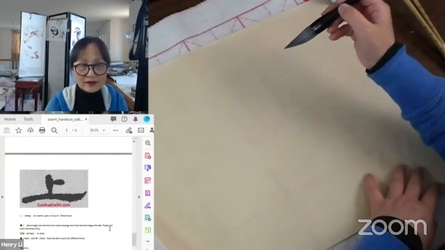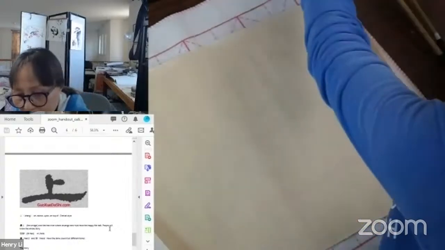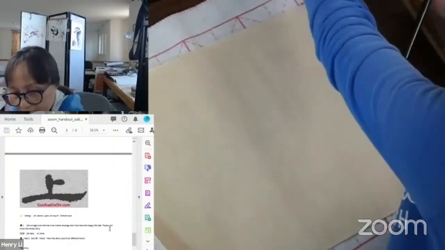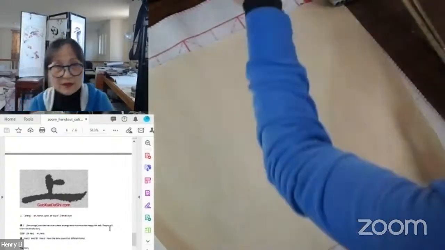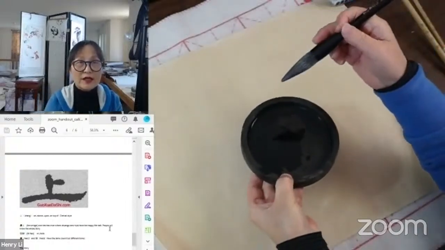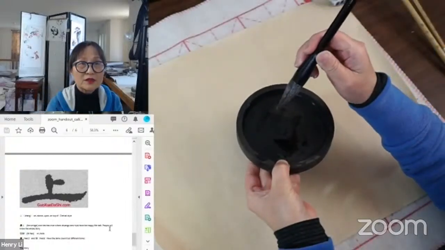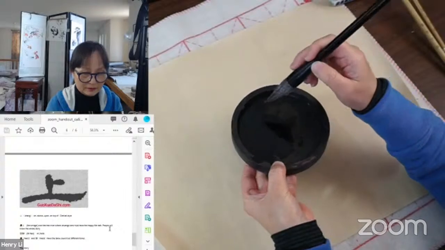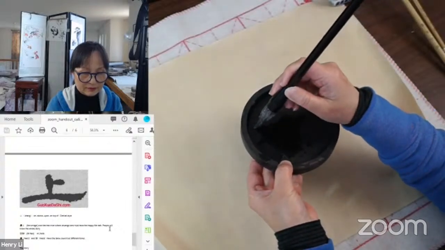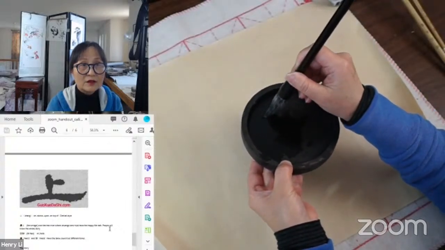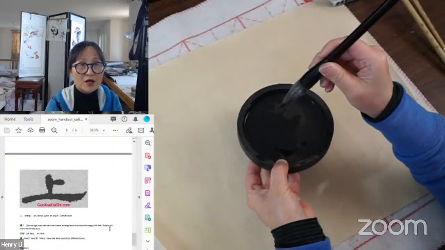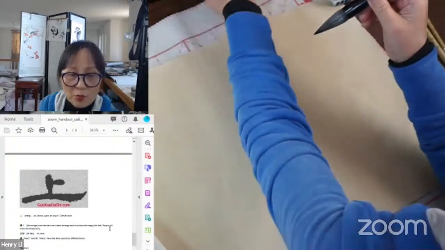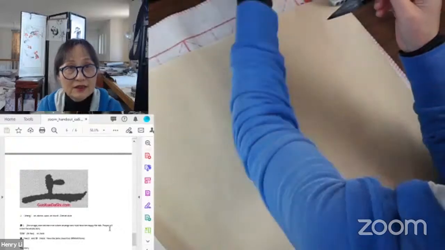And then dip only the tip in the dark ink, not the whole brush. The whole brush is light ink.